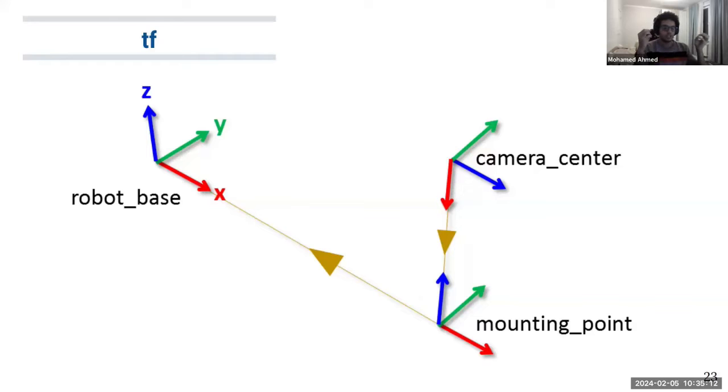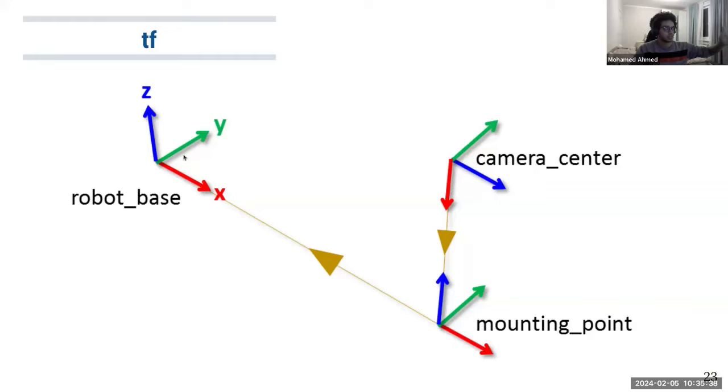In games development or in robotics, you need to know the location of each thing around you. For example, in games development, there is the host, or the player you are playing with, and there are other players or enemies around you. You need to know the location of each thing, and each thing will be represented by these axes.